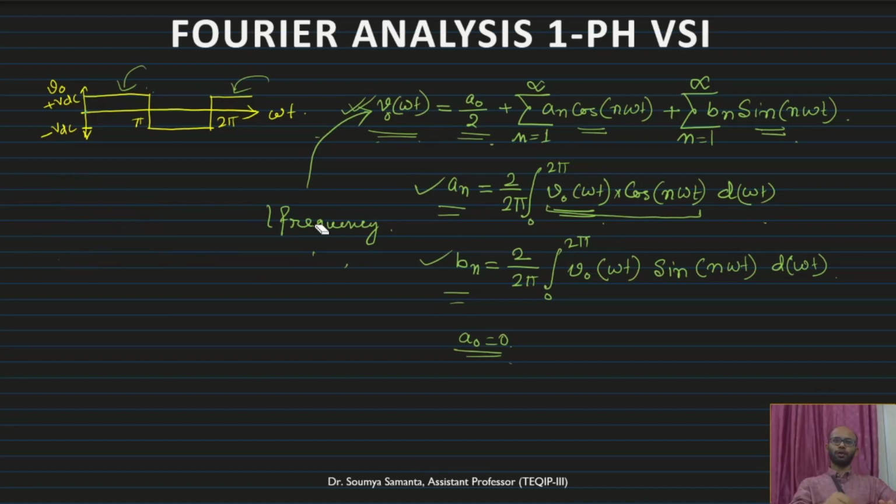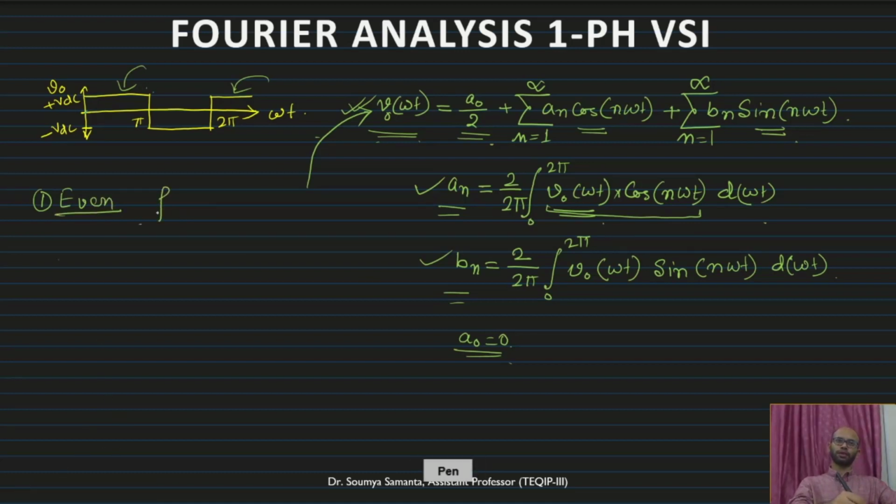Basically, first is the even symmetry. Number 1, the even symmetry. So what is the even symmetry? Suppose f is a function of theta, f of theta, where theta is omega t.